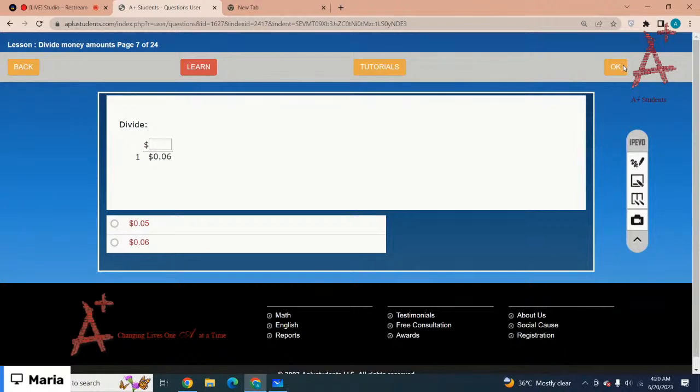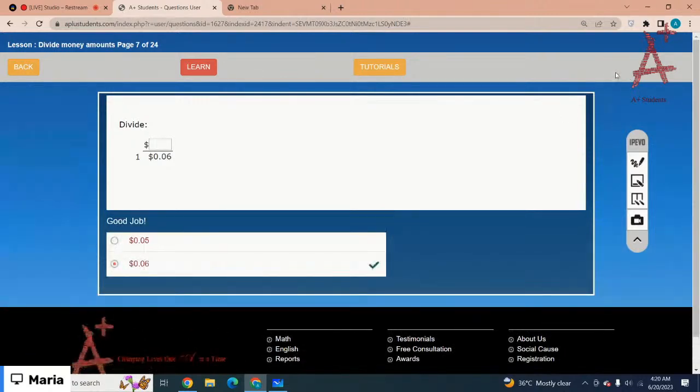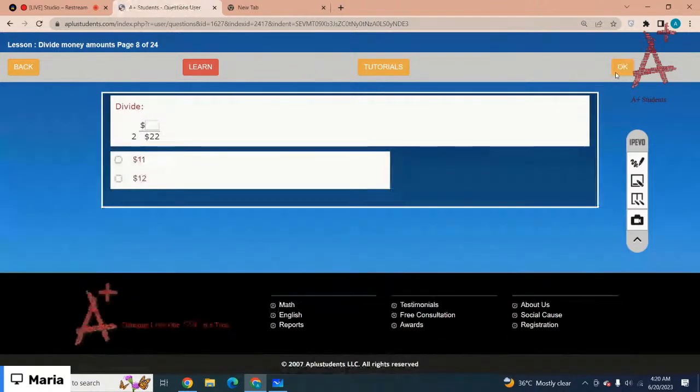One times 0.06 makes 0.06. Got it? One times any number equals the same number. So it would be 1 times 0.06.